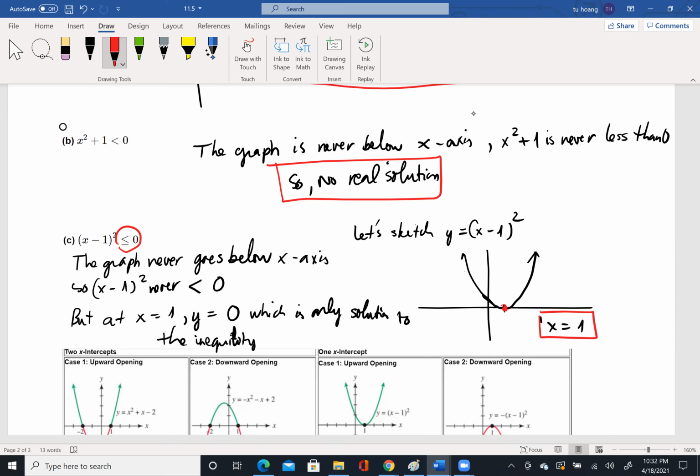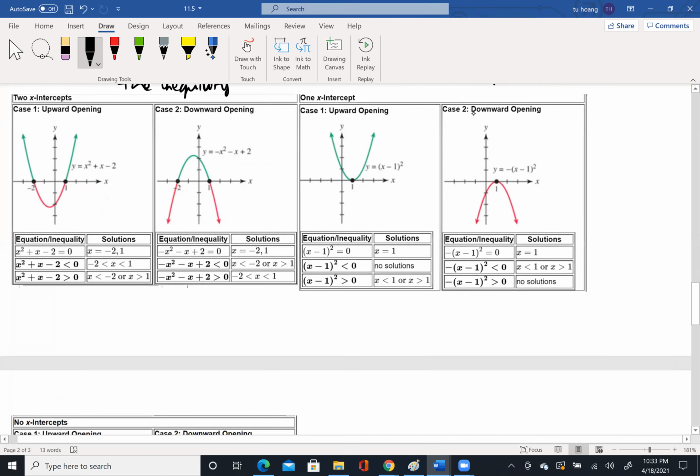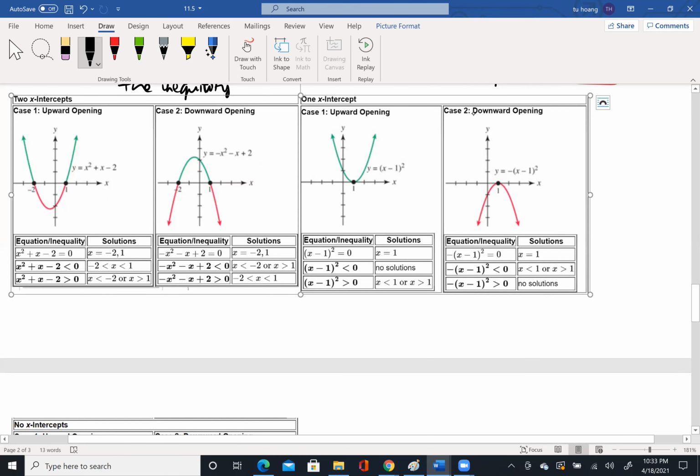Include the equal. So I have to take the x that makes the graph equal 0. Okay. Down here are some cases for solutions of the inequalities you should consider.